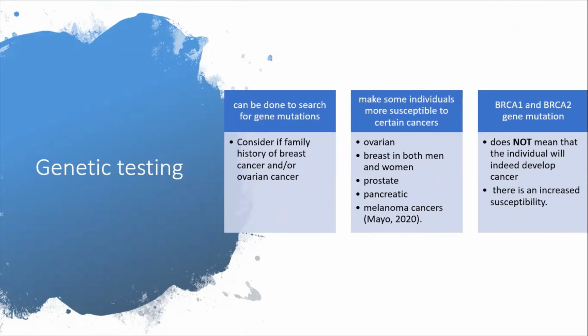Having a gene mutation, particularly in the BRCA1 and BRCA2 genes, makes some individuals more susceptible to certain cancers, such as ovarian cancer, breast cancer in both men and women, prostate cancer, pancreatic cancer, and the melanoma cancers. And again, if you do have the gene mutation, particularly among the BRCA1 and BRCA2 genes, this does not mean that you will develop cancer. It just means that you have an increased susceptibility.